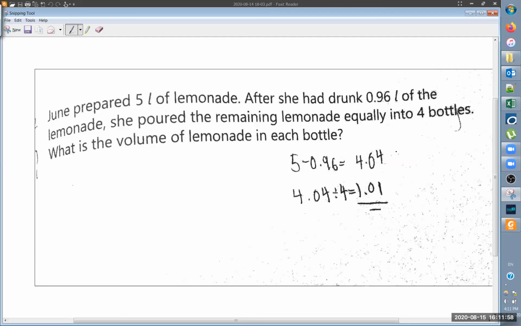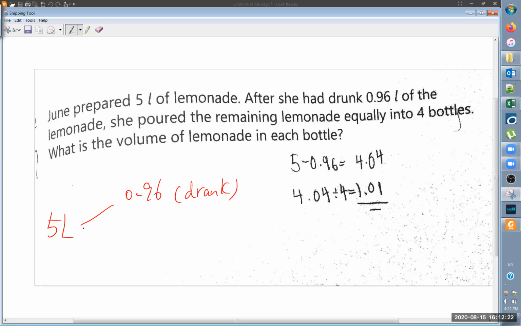June prepared 5 liters of lemonade. So after she had drunk 0.96, basically June started with 5 liters, and then 0.96 was drunk.